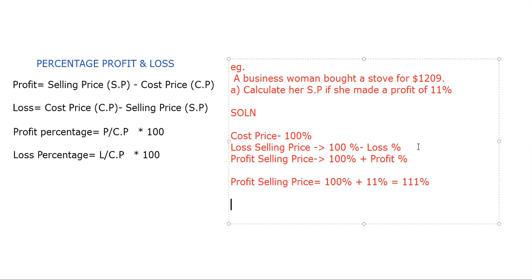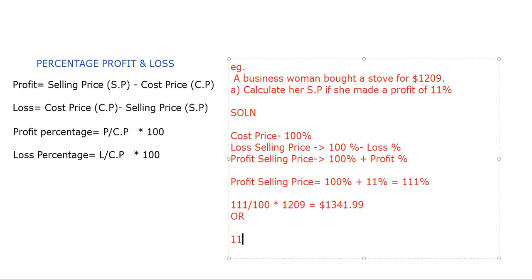We know how to work out a percentage: 111 all over 100 multiplied by how much did she pay for it? 1209, which is equal to 1341.99. Or there's an alternative method if you like alternatives.